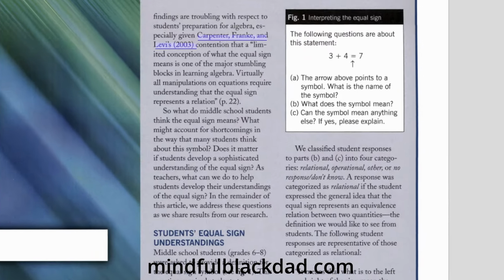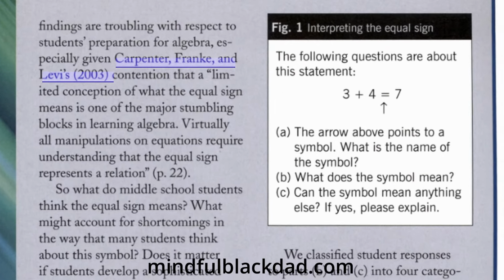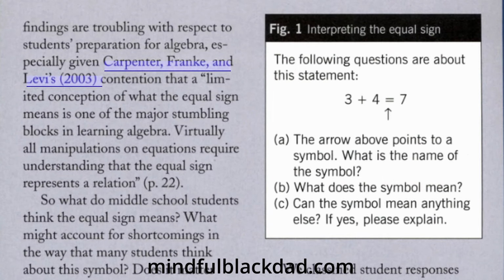This research that was done a few years ago asked students to look at this statement on screen: 3 plus 4, and then the equal sign in the middle, and then 7 on the right-hand side. And they asked them a series of questions, two of which were, what does the symbol mean? And can the symbol mean anything else? And they classified the answers that they gave into two camps.